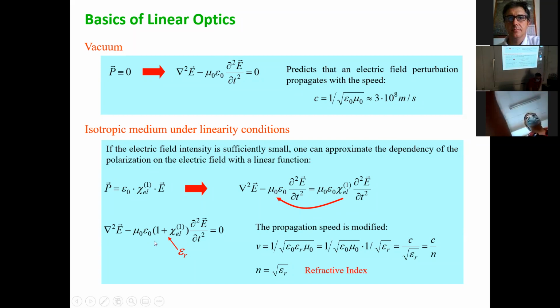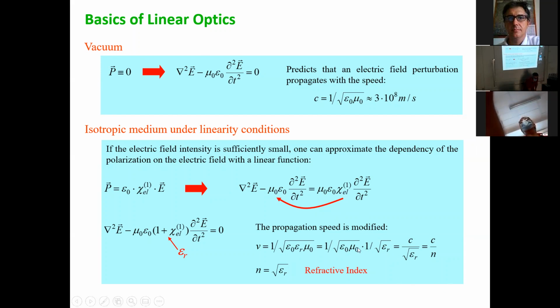So you work this out and you say, okay, now I have again the D'Alembert equation that I know, but the prefactor is not anymore mu naught epsilon naught, but there is an extra factor that is epsilon r. That means that when you calculate the speed, this is 1 over the square root of epsilon naught, epsilon r, mu naught.